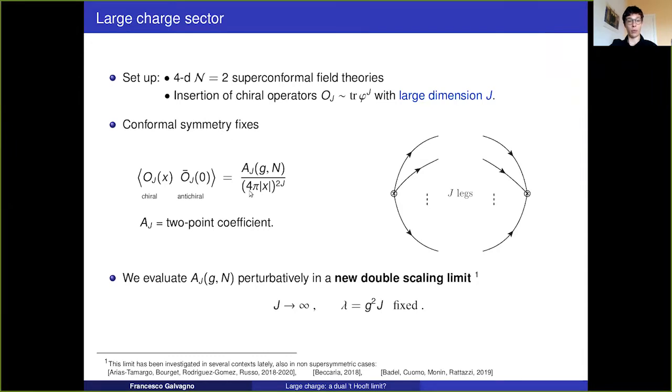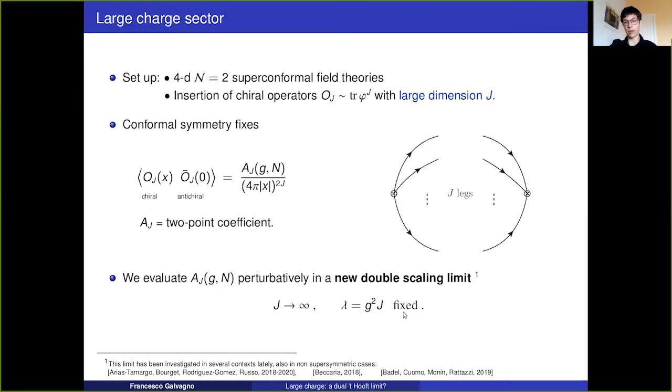We are left with this A_J, which is the two-point coefficient, and we want to evaluate this two-point coefficient at the level of perturbation theory in a new double scaling limit, which is defined as follows. We take this dimension J going to infinity, keeping this time g squared J fixed.